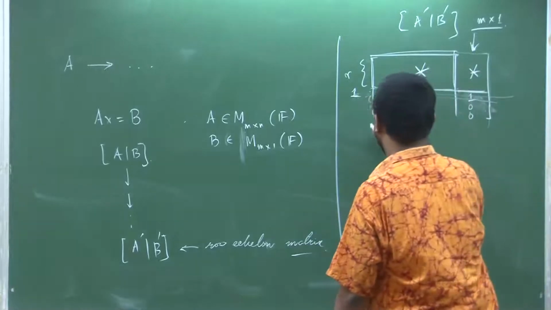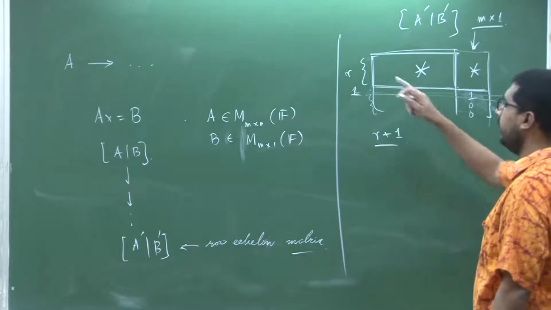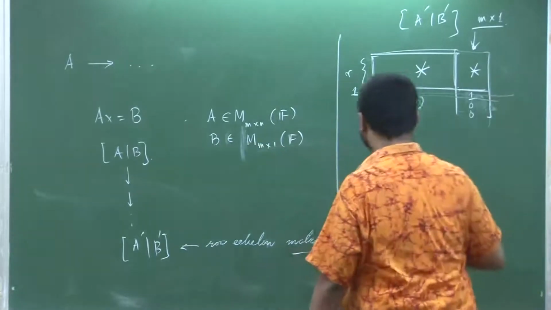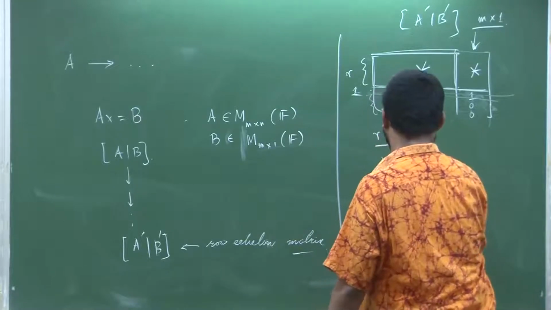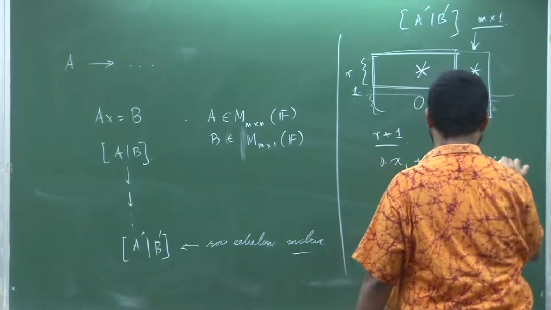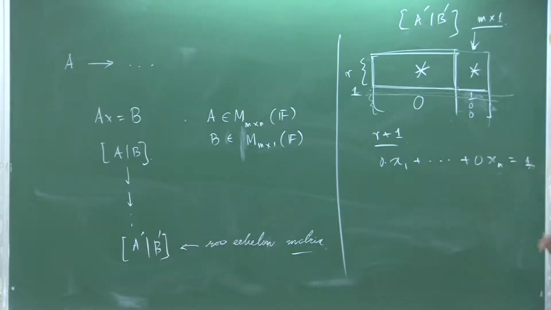Then you see what is the r plus 1th equation of this new system. Remember, this system is equivalent to the original system. So, the last equation is, if you denote the variables by x1 up to xn, 0 times x1 plus up to 0 times xn equals 1, right. This is the r plus 1th equation of the system, and clearly it does not have a solution.